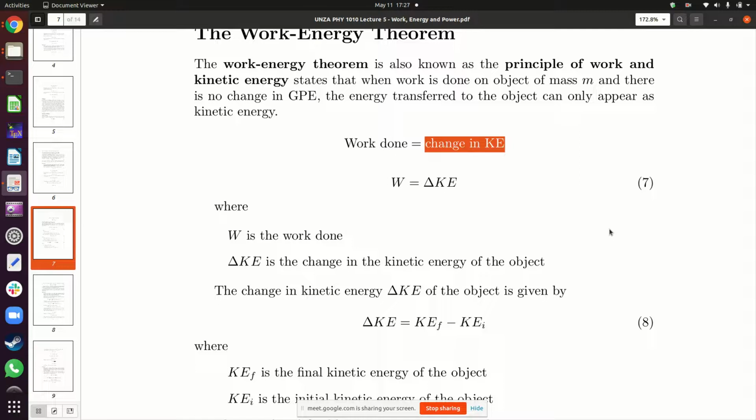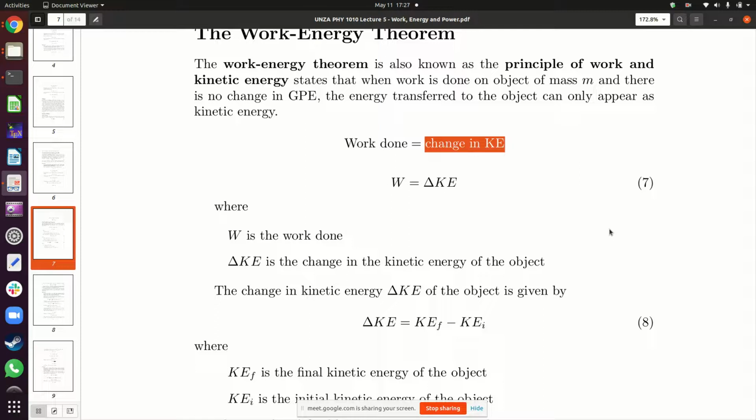If you have a flat surface, then you do work on this particular object which is on the flat surface, as long as that object does not undergo an increase or a decrease in height, so that it gains or loses gravitational potential energy. When you do work, we know that work results in a transfer of energy.